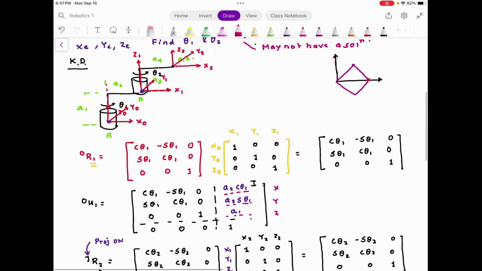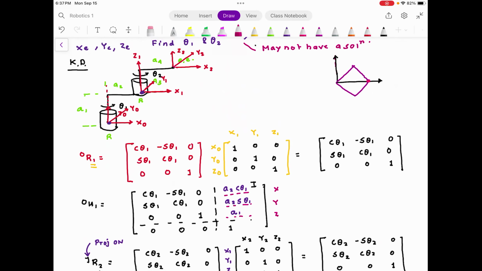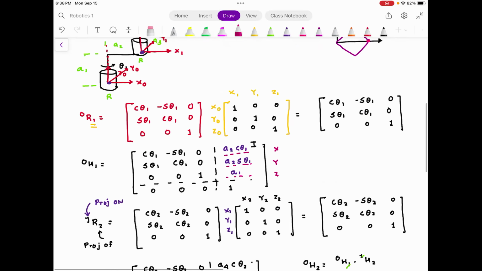So that is a sanity check. The Z position of the end effector, ZEE, is nothing but A1 plus A3. And let's work this problem out.